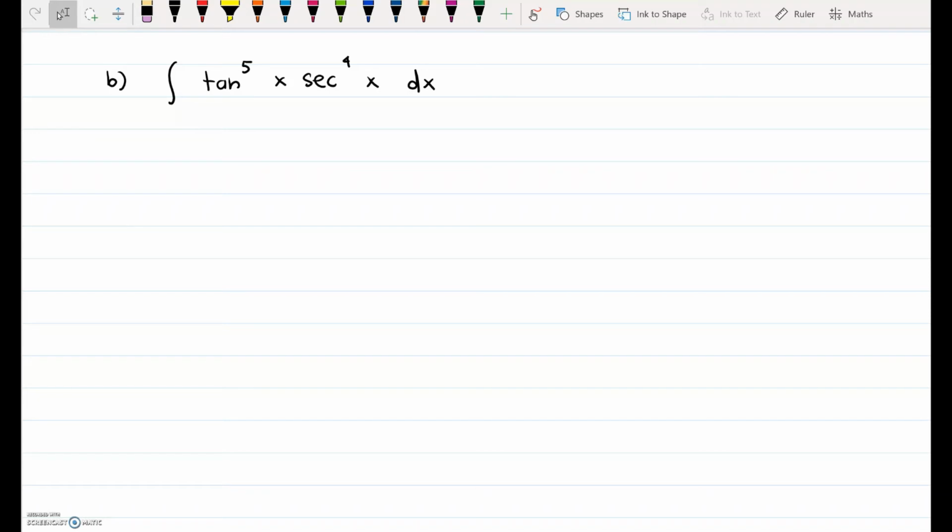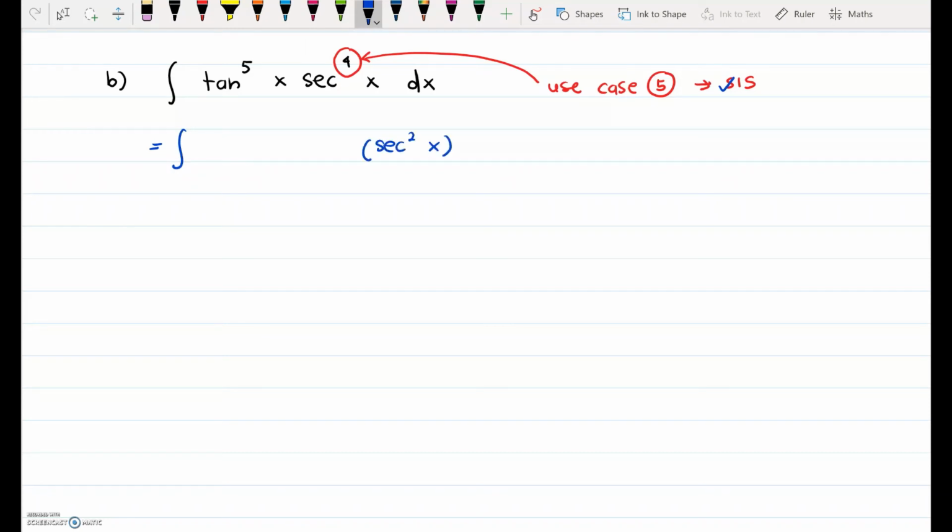Let's use case number 5 and solve using SIS. First step, we split until we have secant square x at the end, so the remaining function is tangent to the power of 5 x and secant square x.